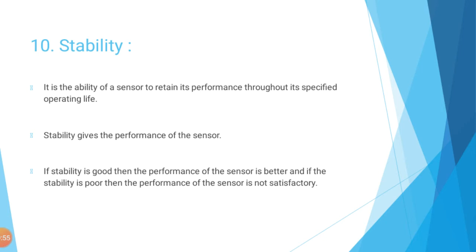Stability gives the performance of the sensor. That means with the help of stability we are able to judge the performance of the sensor. If stability is good, then the performance of the sensor is better, and if the stability is poor, then the performance of the sensor is not satisfactory. If there is a fluctuation in the output value, that is, there is no stability in the output, then the performance of the sensor is bad.